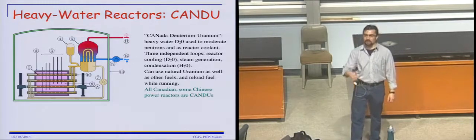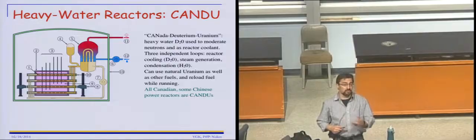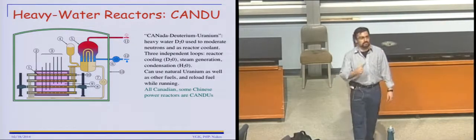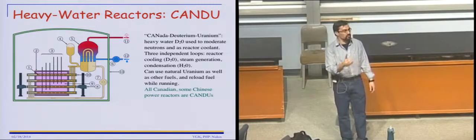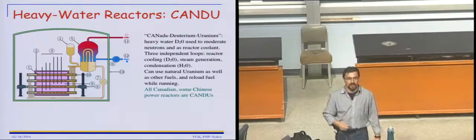So if you are doing something illicit, like if you're trying to use these reactors to produce weapon-grade plutonium, getting the plutonium out of a normal reactor is usually a big operation.